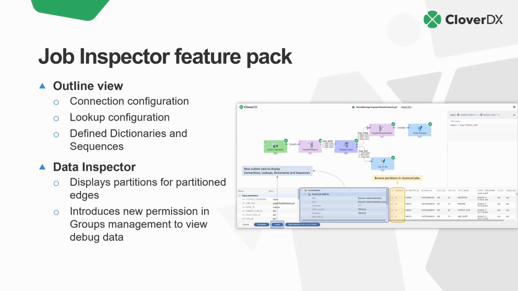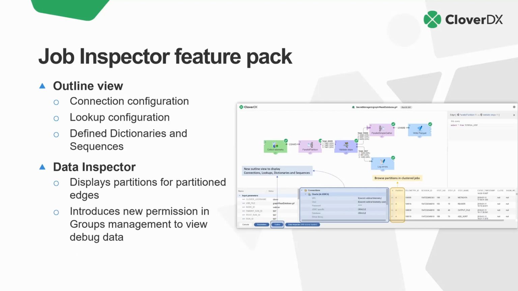Also, if you are running in a cluster environment, previously we weren't able to see when your job was partitioned. So when you used parallel partition or parallel simple copy or any other parallel split component, you weren't able to see the data in those fragmented edges. But you can see them now, as you can in Designer.